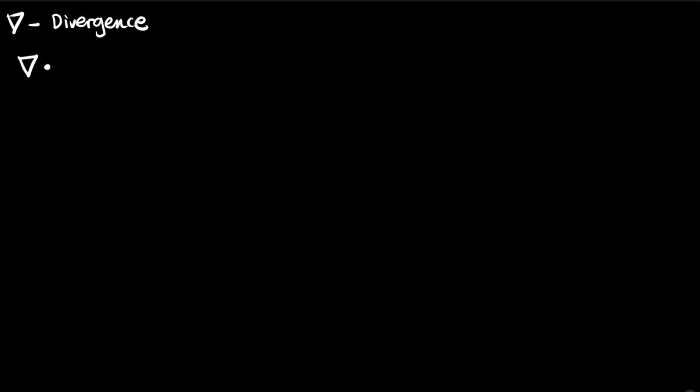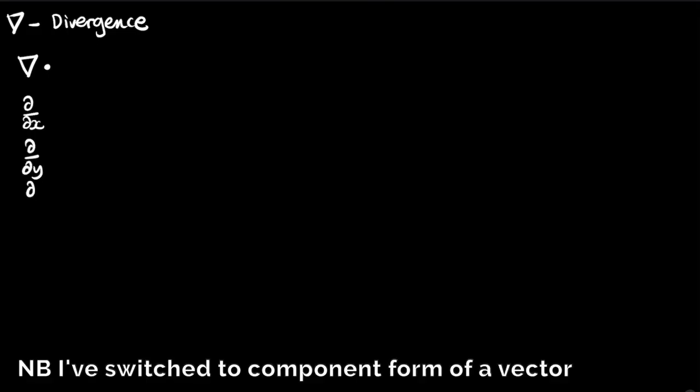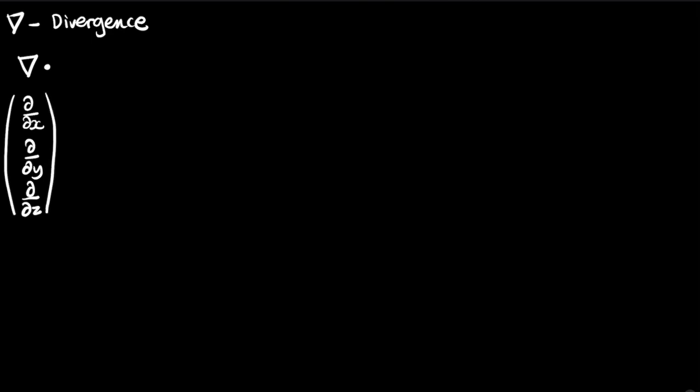If we write it out, we get d by dx, d by dy, d by dz. That's the del, and we're going to be dotting it on, well, what can only follow here. You're only going to be able to compute this if there's a vector right here.